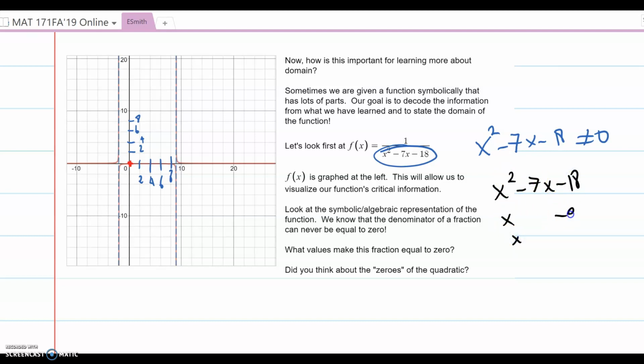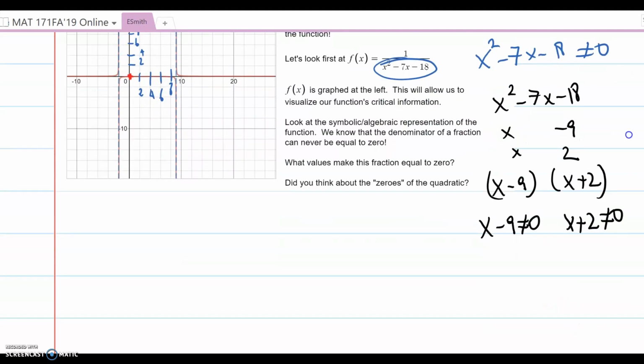If you factor that, you will get x minus 9 and x plus 2. So x minus 9 cannot be equal to 0, and x plus 2 cannot be equal to 0. So x cannot be equal to 9, and x cannot be equal to negative 2.